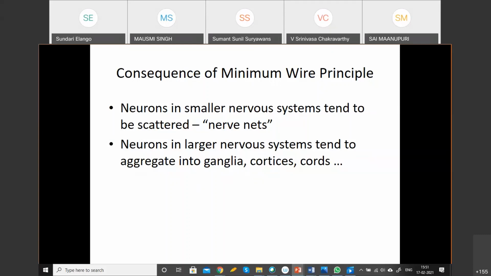That's all that you need. And if you just grant that, you can argue that you can get all these different types of nervous systems simply by varying these conditions. That is, bigger nerve system, more connections, therefore more internal connections than external connections, more sense organs, etc., etc.